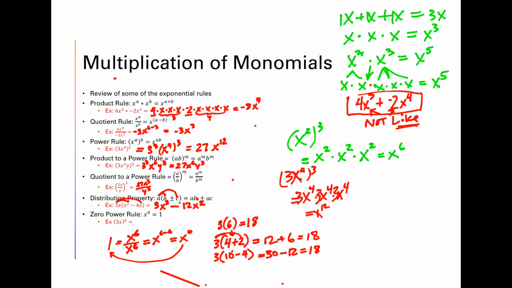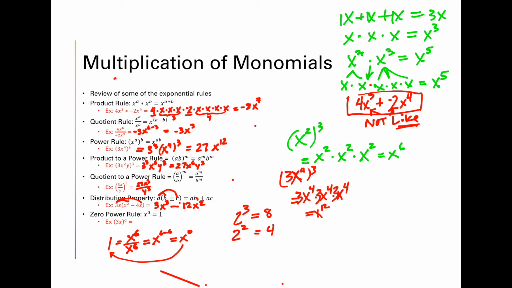You can also look at it from just a pattern standpoint. Like if we had 2 to the 3rd, 2 to the 3rd is 8, and then 2 squared is 4. 2 to the 1st is 2.